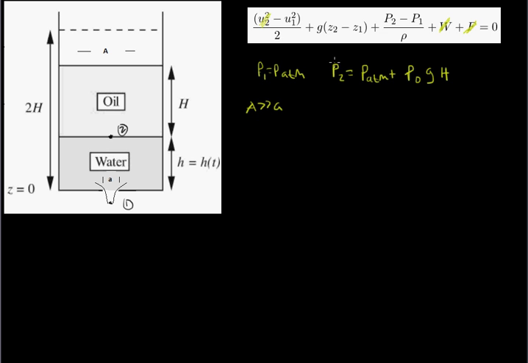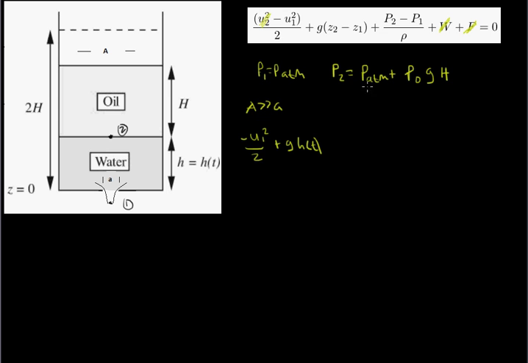Alright, and then we just want to solve for velocity now. So let's rewrite everything that we have simplified. U1 squared over 2 plus g times our height, going from here to here, is just approximately h of t. It's a little bit greater than that, but we'll just call it h of t. It's close enough. And then we're going to do P2 minus P1.